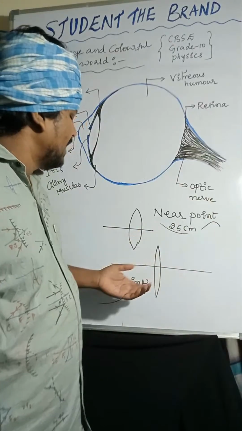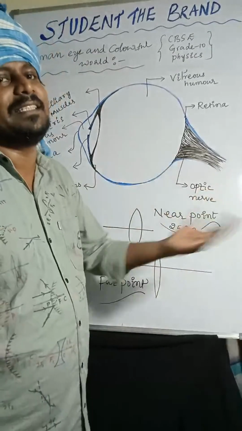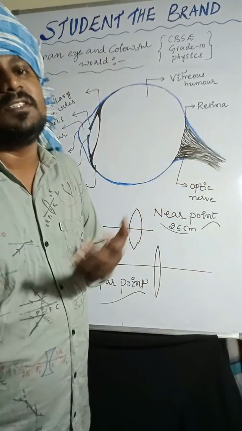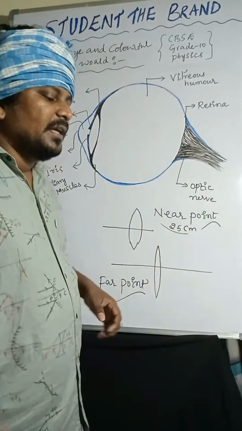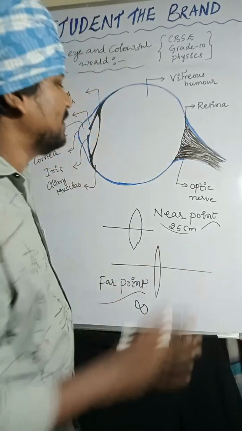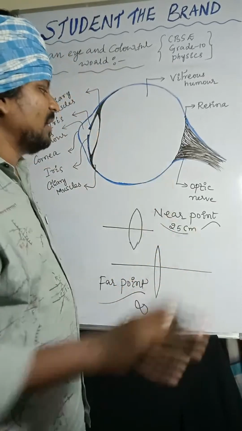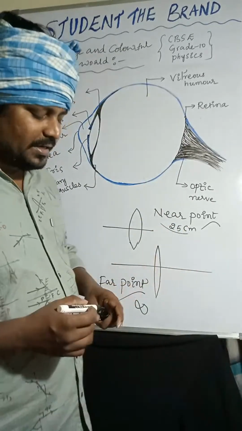The far point is the maximum distance up to which a person can see clearly without any strain. So the far point is infinity. For a healthy, normal person, these are the values: near point is 25 centimeter, far point is infinity.